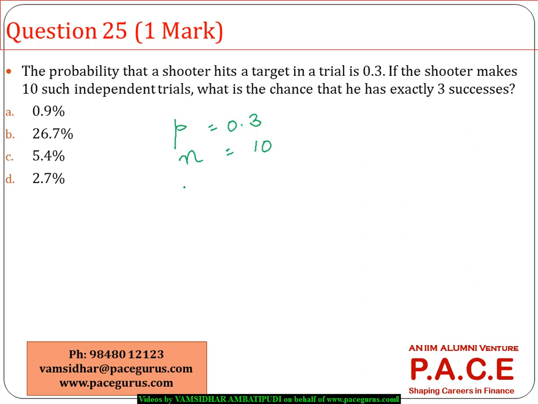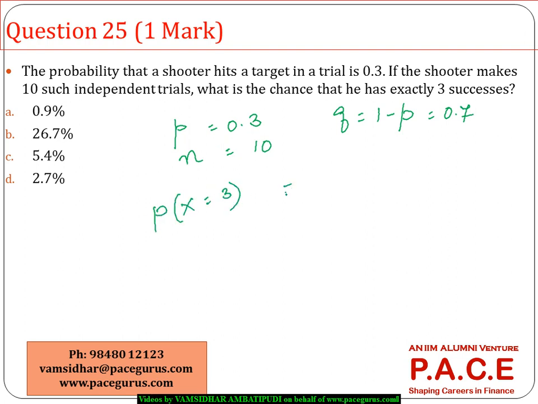This is a case of a binomial distribution, because the only possibilities for him are success and failure. So if there is a 0.3 chance of a success, then there is a 0.7 chance of a failure. Then in 10 such trials, what is the chance of having exactly 3 successes?